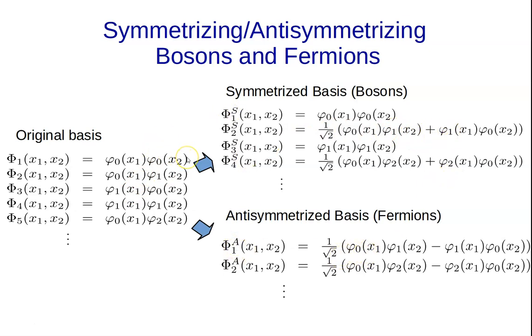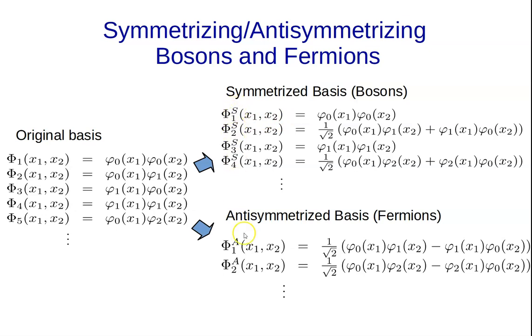And now you notice that the number of basis states which are constructed this way is smaller than the number of basis states in the original basis. So in a sense, I am restricting the Hilbert space to only those two-particle wave functions which have this property.